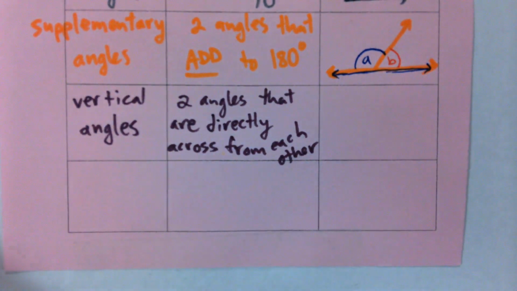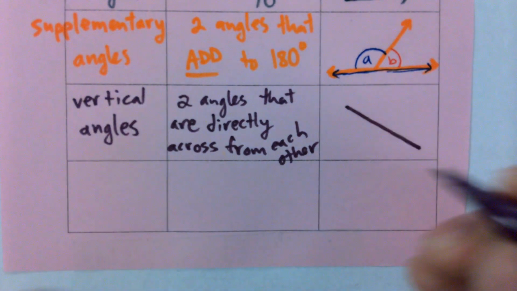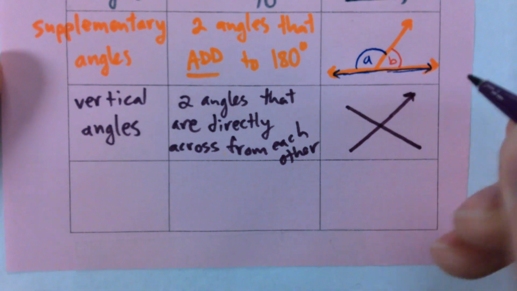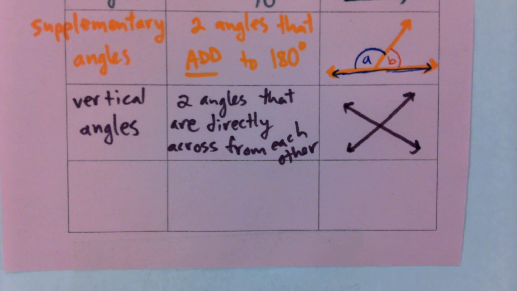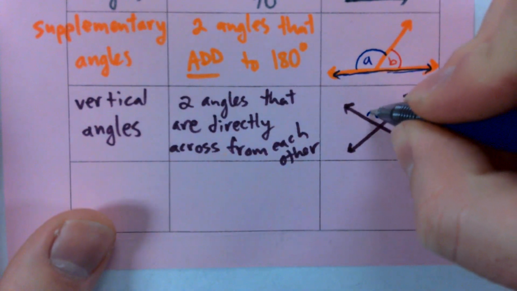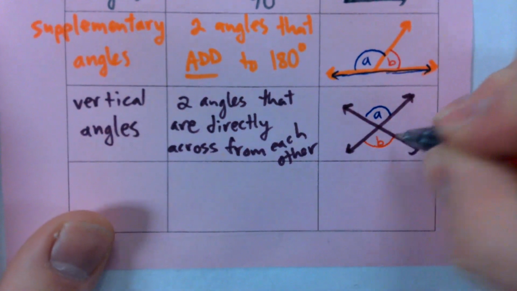It's kind of along the same lines as parallel. If we have two lines like this that intersect at some point, vertical angles would be angle A and angle B, just like that.